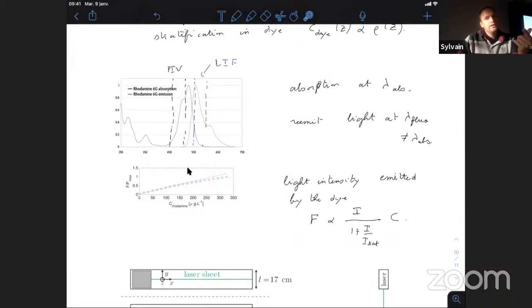The camera, if you don't have an optical filter, will see light emitted from the particles, that is PIV, and light emitted by the dye, and both do not give the same quantity. So you need to separate both to have the velocity on one camera and the concentration of the dye on the other, and if you have the concentration of the dye, you have the density.